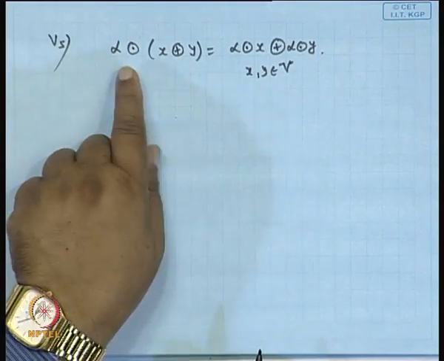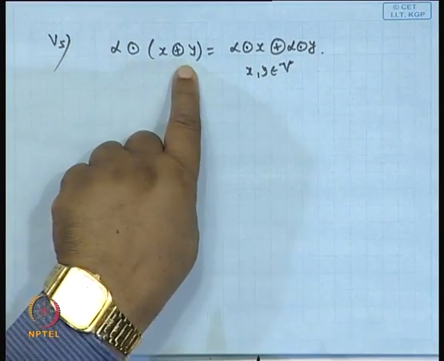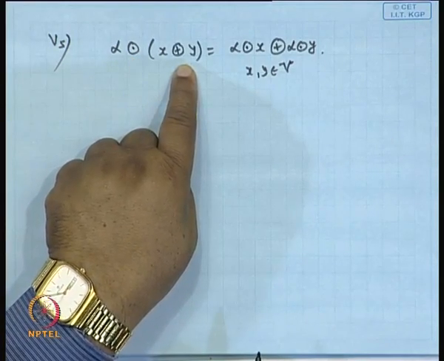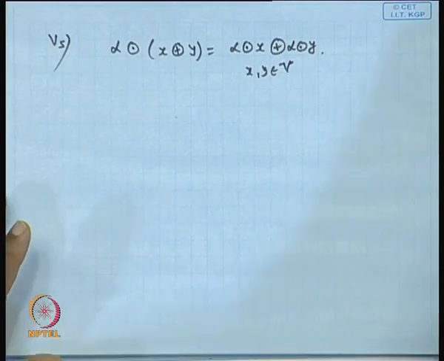So, basically you can say the scalar multiplication is distributed over vector addition. Okay. So, we can write like this.